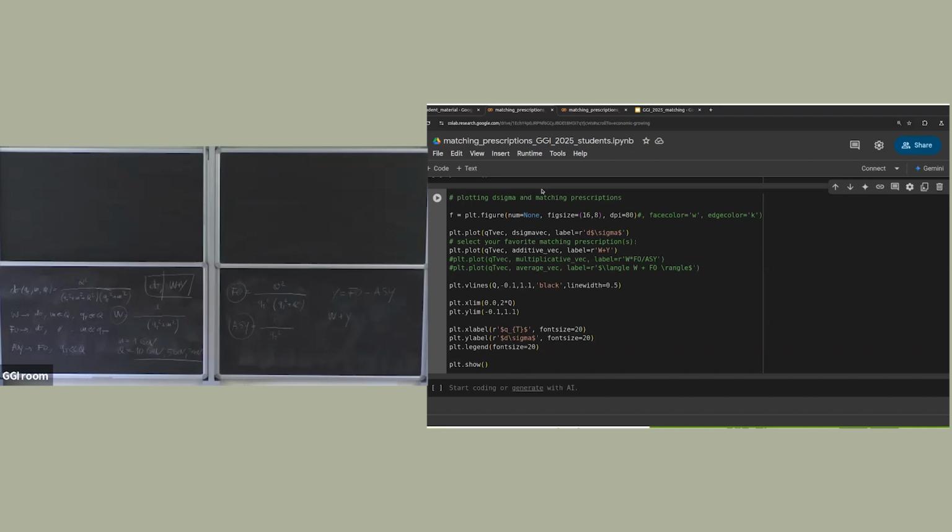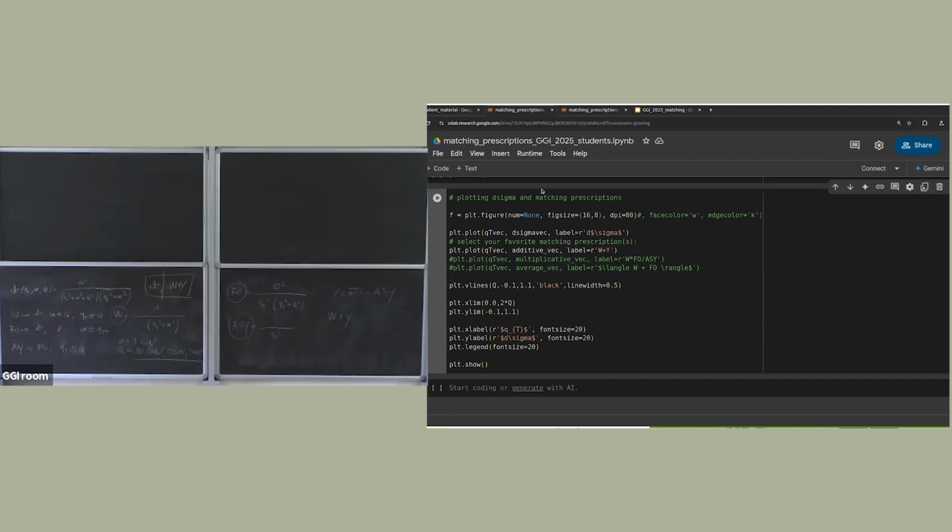Forget about multiplicative matching and weighted average for the moment. The agreement gets worse when Q is small.